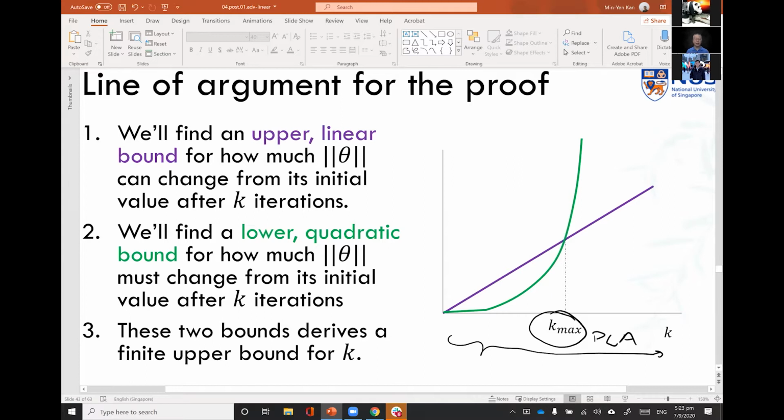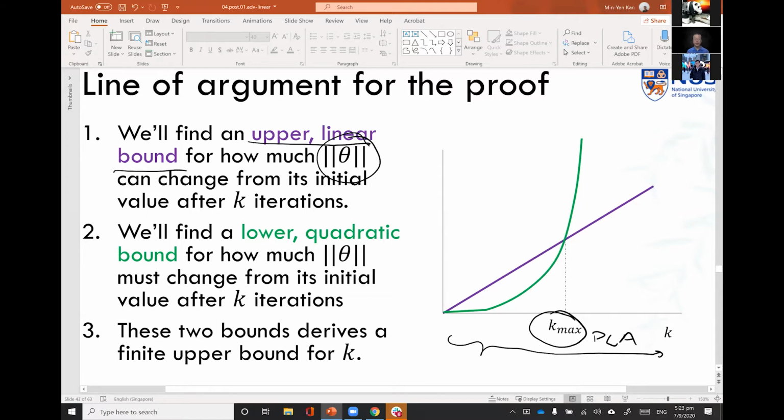Basically the line of argument has two parts. There is an upper linear bound for how much this vector is going to change from its initial value after a certain number of iterations. And we're also going to see that the lower bound is actually growing quadratically. So at some point, these two are going to intersect.